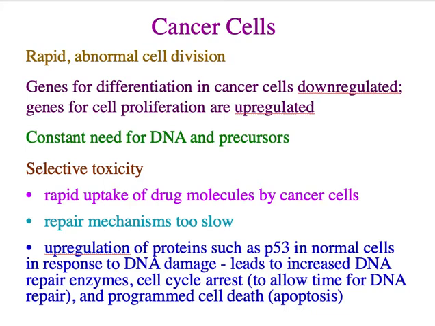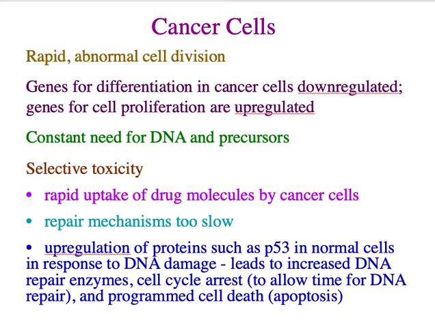Okay, so because cancer cells are growing so quickly, this is something we try to take advantage of. They need a ton of DNA precursors because they're making a ton of cells, which means they're making a ton of DNA. So by they, now I am talking about a tumor. So that's a group of cancer cells.